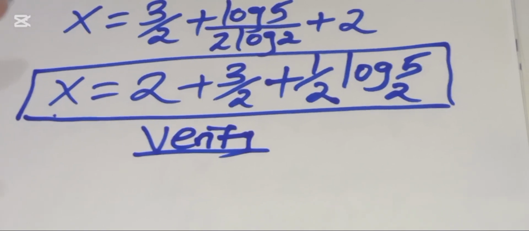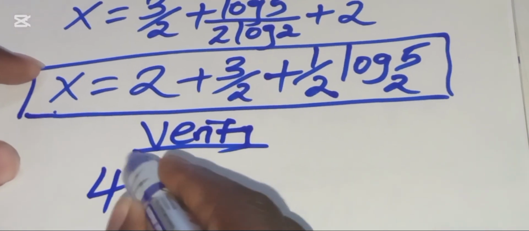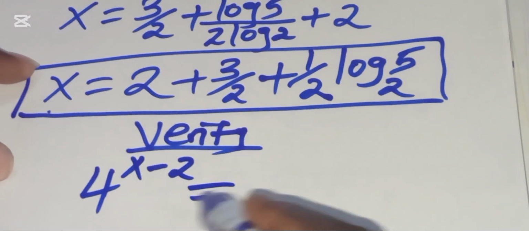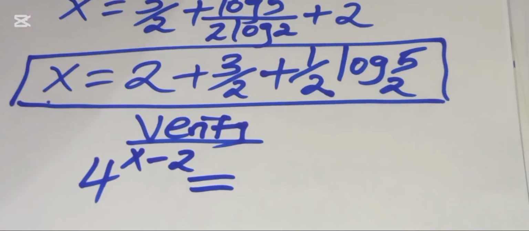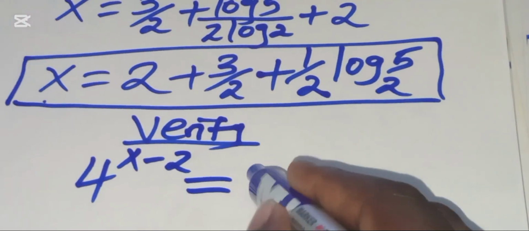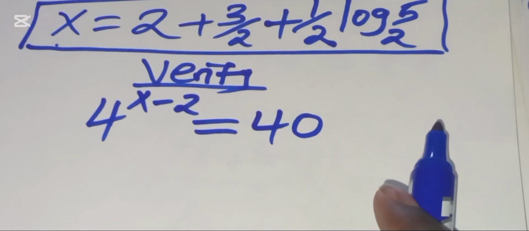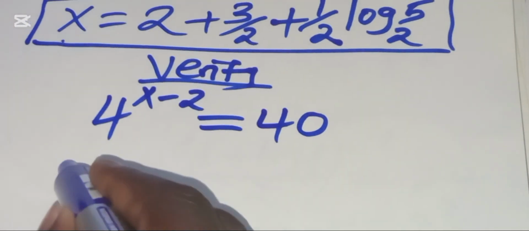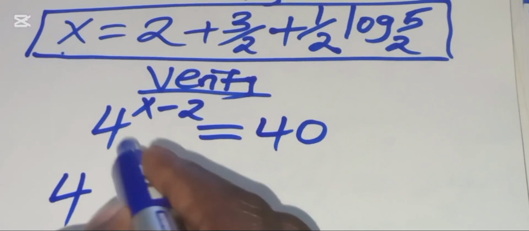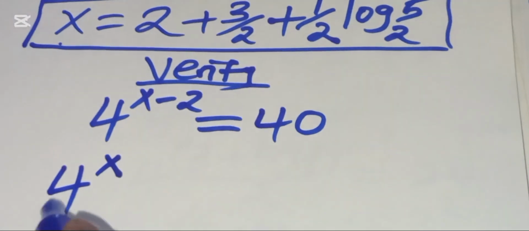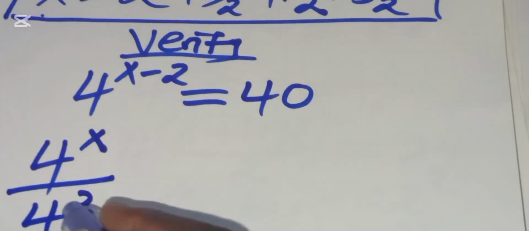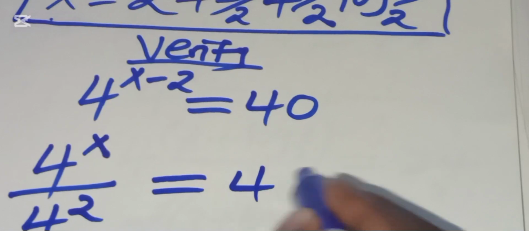Now, if you recall, we had that 4 to power x subtract 2, this should give us a value of 40. Now, substituting the value of x, this is the same thing as 4 raised to power x divided by 4 to power 2, which should give us a value of 40.